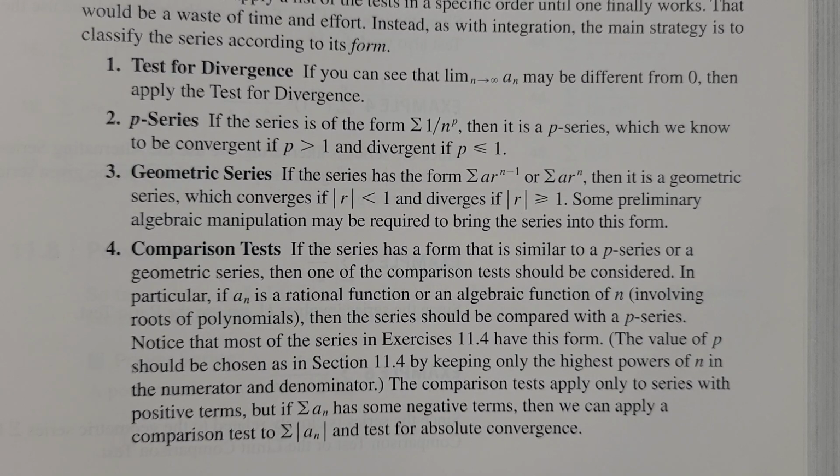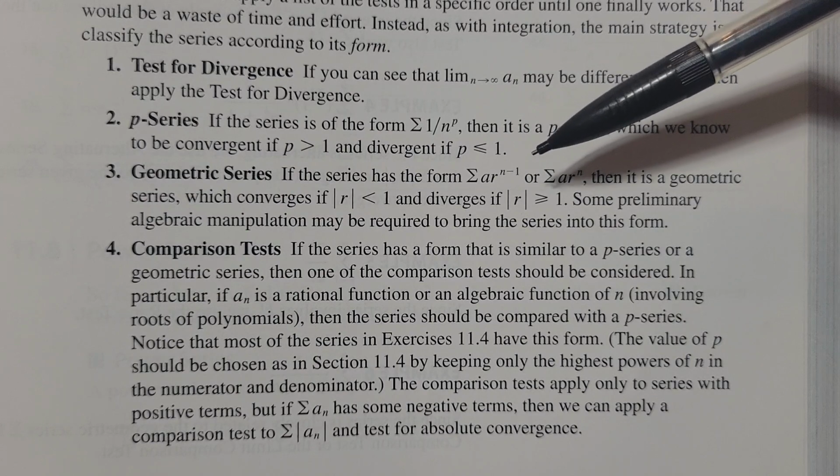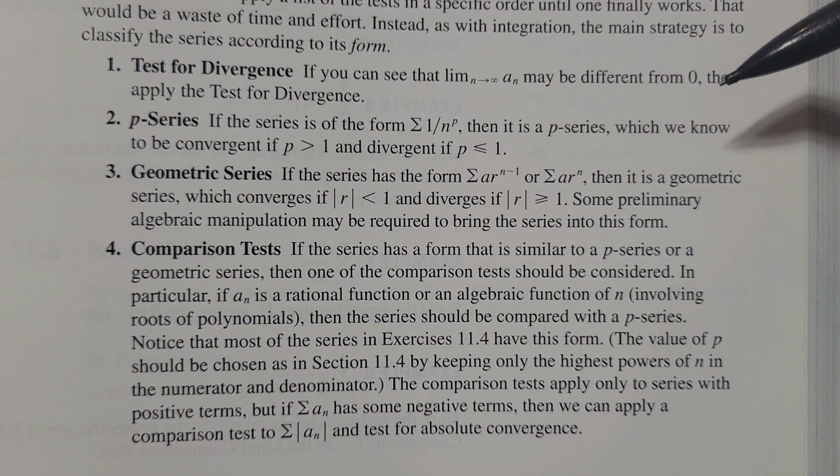Okay, and then a p series is if you're in the form 1 over n to the p, or a geometric series is if you're in the form a times r to the n minus 1 or a times r to the n. We know the conditions for if a p series is convergent, that's if the p value is bigger than 1, and if a geometric series is convergent, that's if the absolute value of r is less than 1.